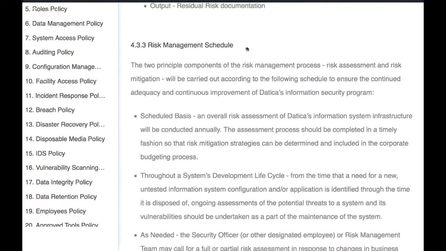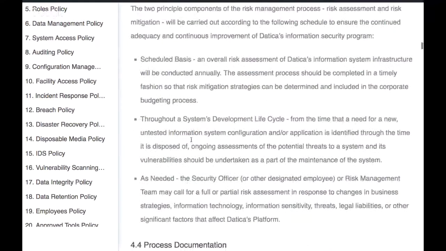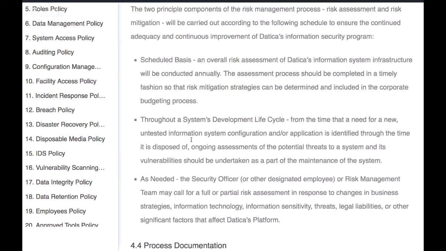Next one is risk management schedule. The two principal components of the risk management process, risk assessment and risk mitigation, will be carried out according to the following schedule to ensure continued adequacy and continuous improvement of Datica's information security program. Scheduled basis.